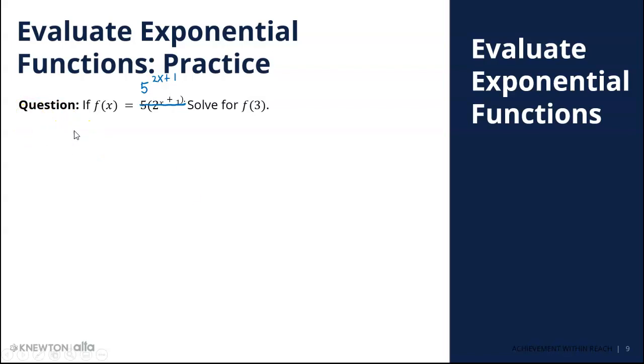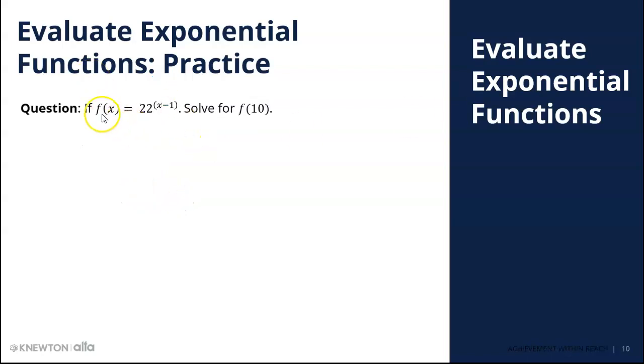So to solve for f of 3, we are just going to replace our x here by 3. So we substitute x by 3 and follow PEMDAS. So 5 raised to 2 times 3 plus 1. 2 times 3 is equal to 6 plus 1 is 7. This gives us 5 to the 7, which you can simplify to be equal to 78,125.